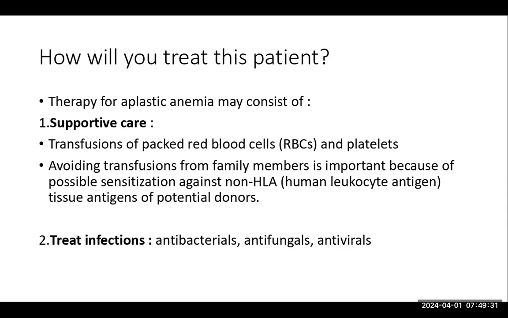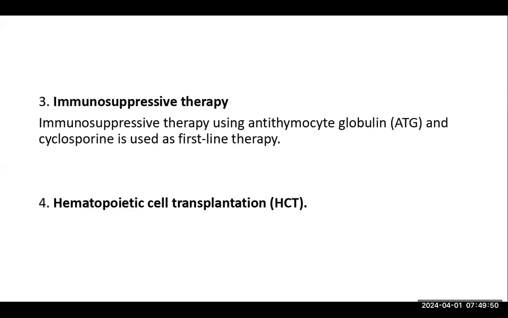I also want to treat the infections noted, or possible infections in this patient, that may have tipped her into having this condition. So we could use antibacterials or antifungals or antivirals as required. And then immunosuppressive therapy is also said to be used as a first-line therapy, but that depends on the staging of the aplastic anemia.